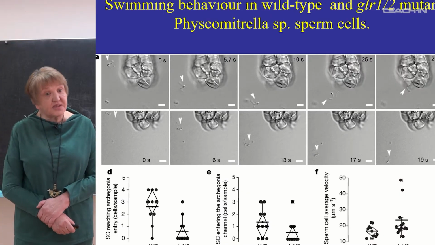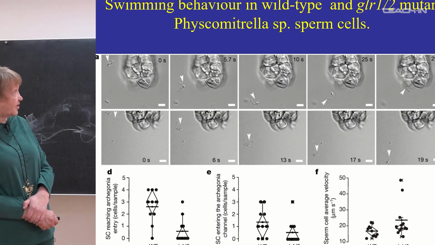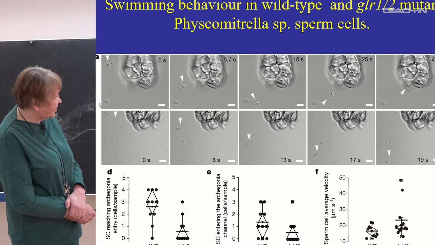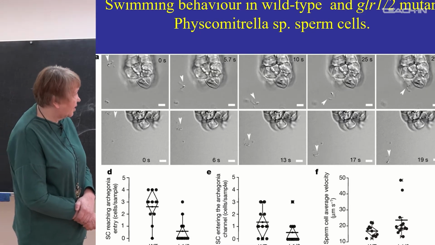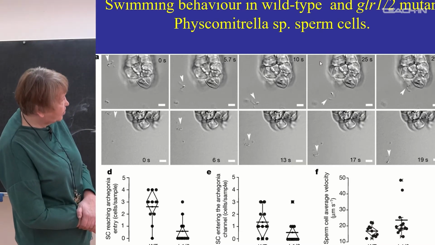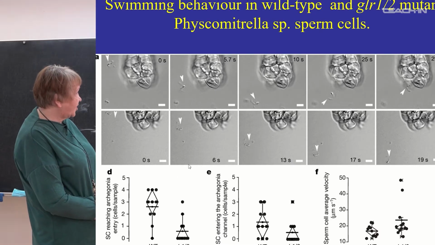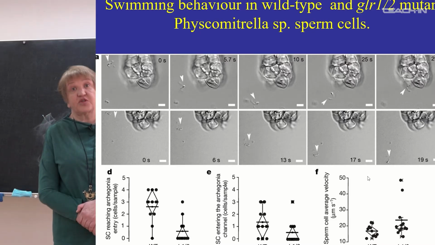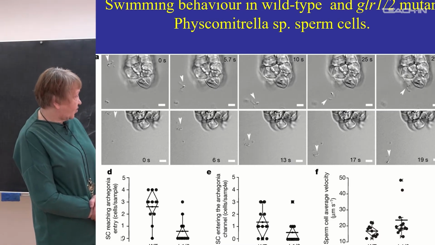And what are the consequences for the mutant that does not possess these channels? So here is archegonia of the Physcomitrella, and these are sperm cells that swim towards the pore, to the opening of the archegonia, and they actually reach it. As for the mutant, it kind of wanders around and doesn't really swim to its target. And here is the graph showing it.